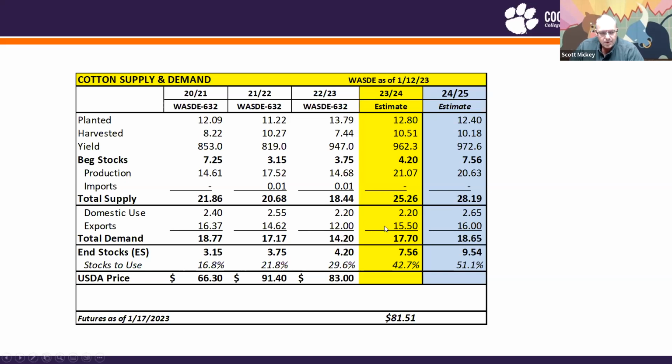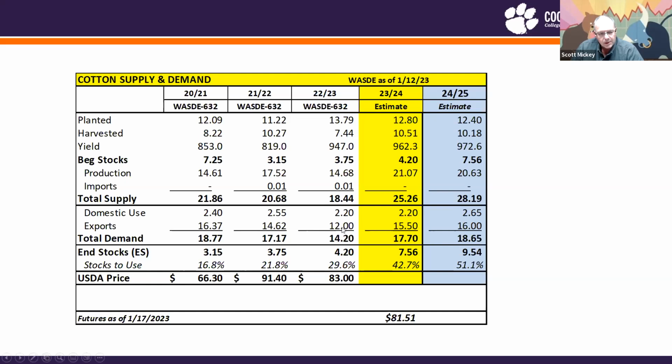When we look at the use, you can see that domestically, the US just doesn't use much cotton anymore. We've basically been trending down. We were at 2.55 million bales in 2021, down to 2.2 last year, and that's what we're forecasting right now for 2023. Big numbers is exports.